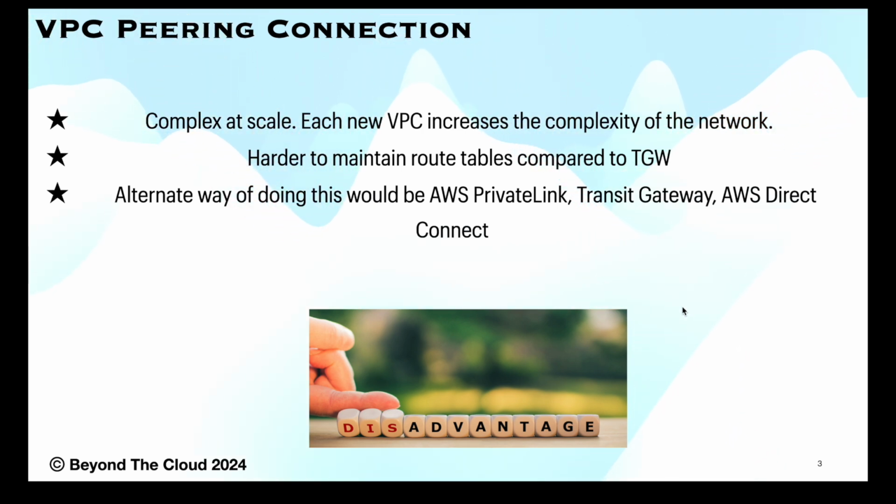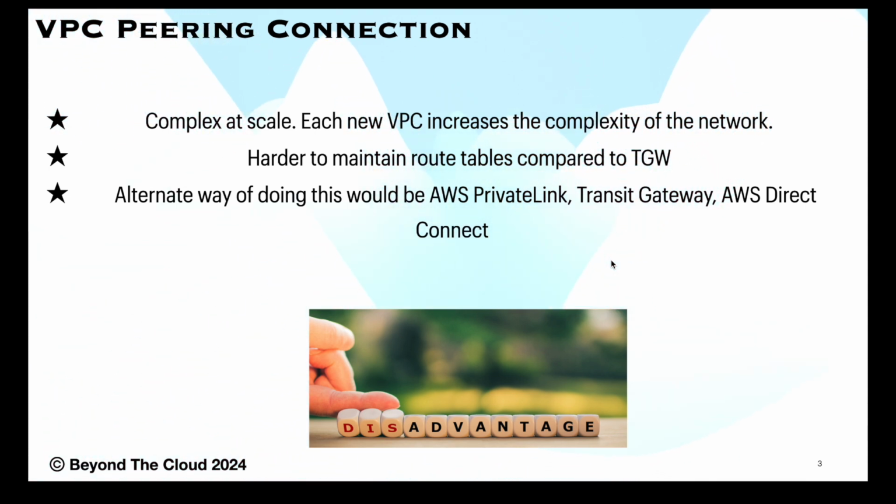From one VPC to another VPC, that means from one account to another account, if there are 900 accounts, you need 900 VPC peering connections. The maintenance of the peering connections is hugely complex, and the complexity rises as the network grows. It is also harder to maintain route tables compared to a transit gateway.